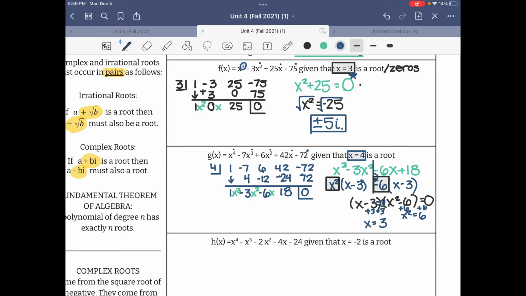But I don't want x squared, I want x, so I have to take the square root. And whenever I do the square root, I've got to have my plus or minus. And then there actually is not a square root of 6, so I'm just going to write it as the square root of 6. And that's it.